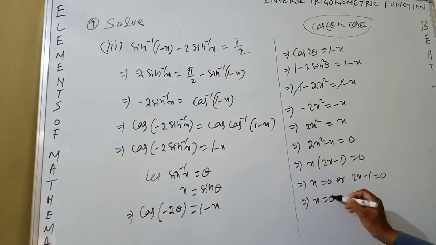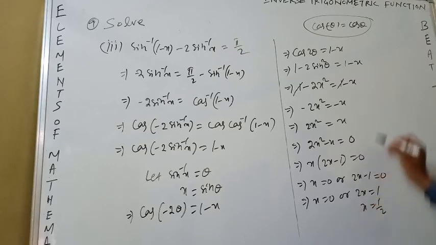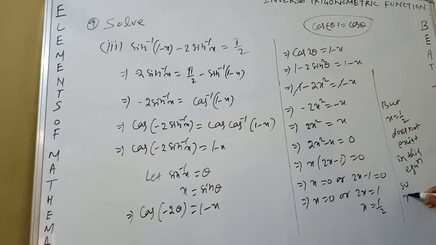So x is equal to 0 or 2x is equal to 1, x is equal to half. But x is equal to half does not exist in this equation. So x is equal to 0 is the solution.